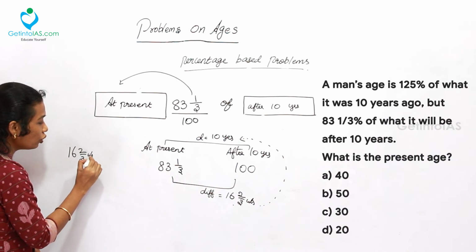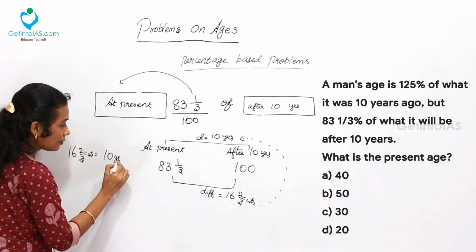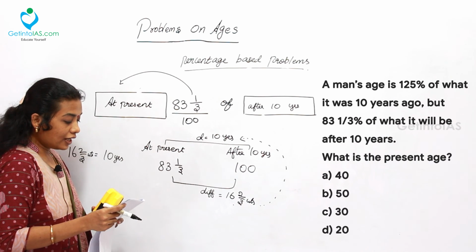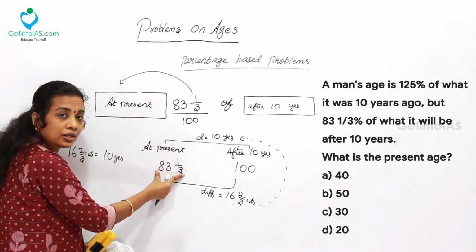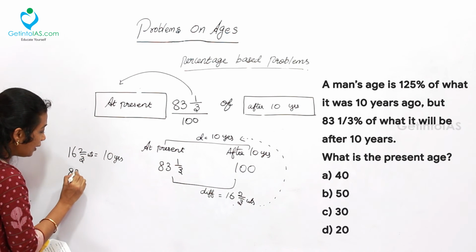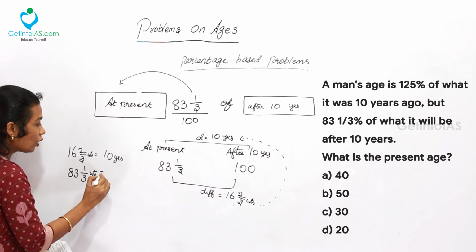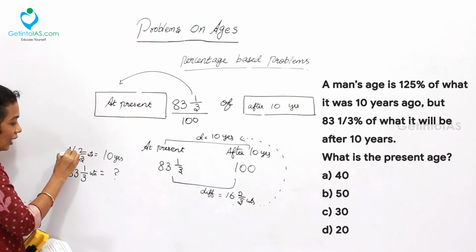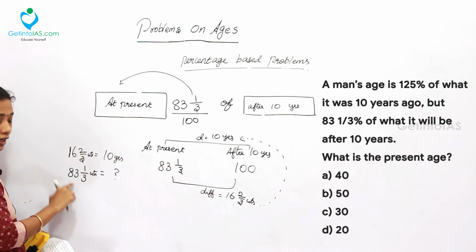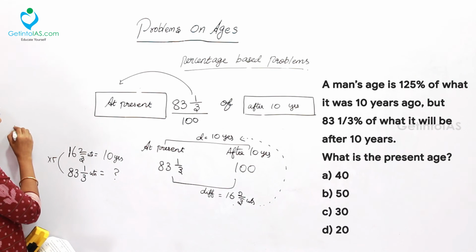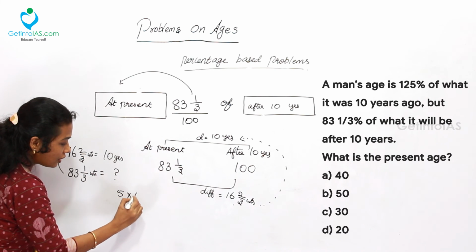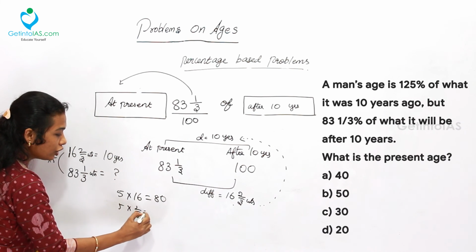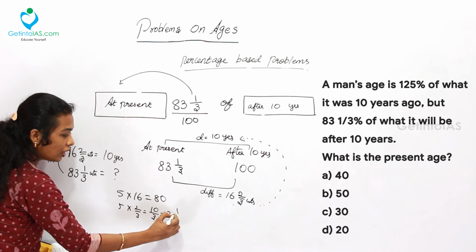16 2/3 units equal 10 years. What is finally asked in the question? What is the present age of the man? Present age means it is 83 1/3 units. 83 1/3 units equal to what? Simply, 5 times 16 2/3 is 83 1/3, right? 5 times 16 is 80, and 5 times 2/3 is 10/3, which is 3 1/3.